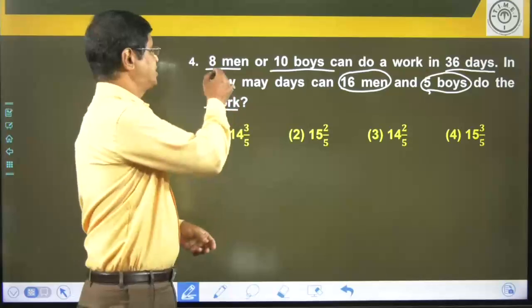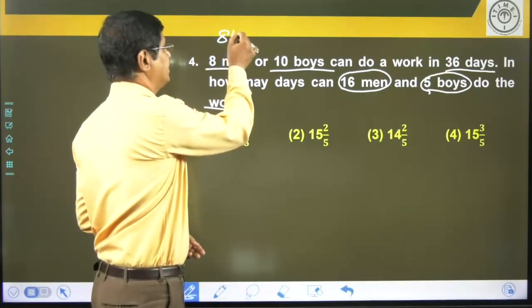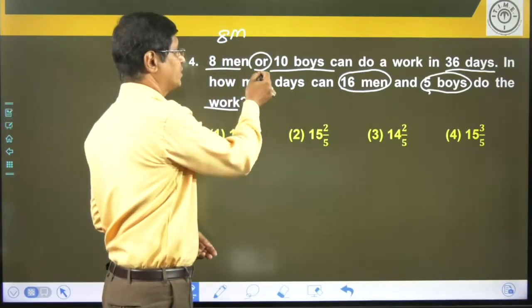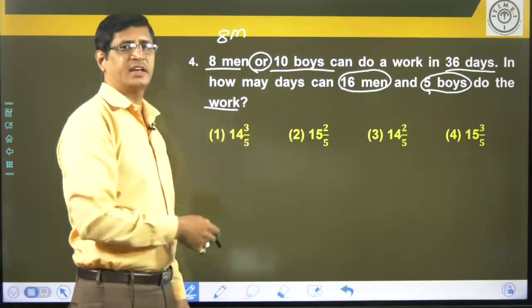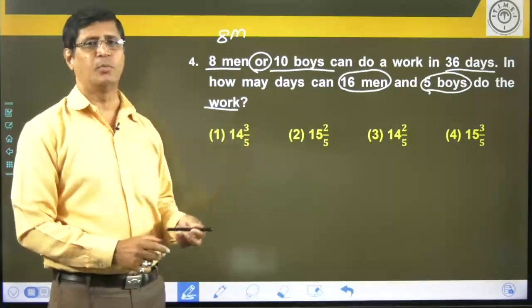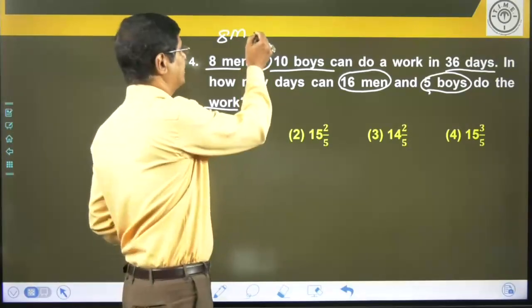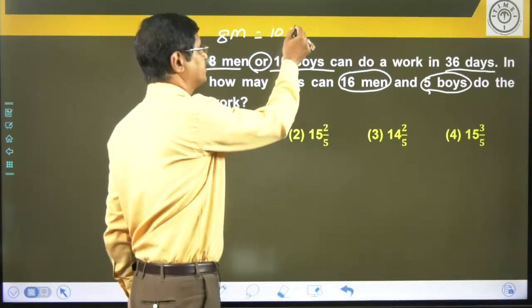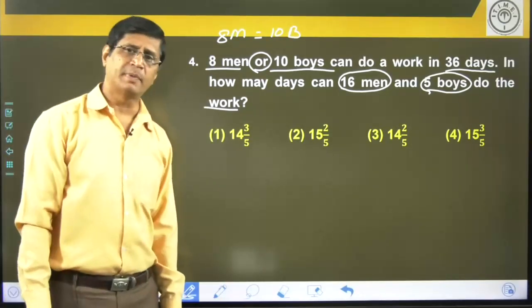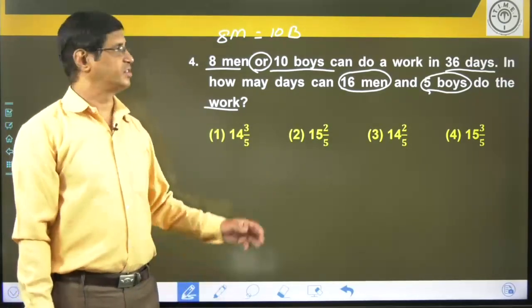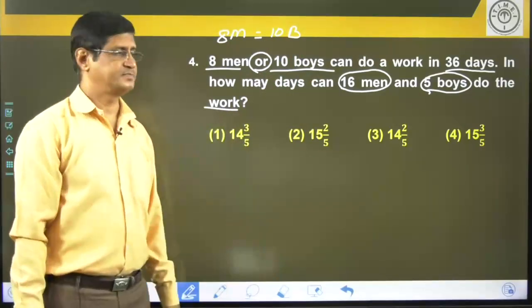What do you mean by this statement? 8 men or 10 boys can complete a work in 36 days means 8 men are taking 36 days as well as the 10 boys. It means the capacity, the efficiency of 8 men is equal to that of 10 boys.